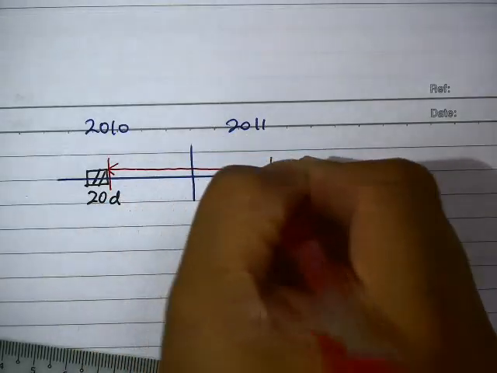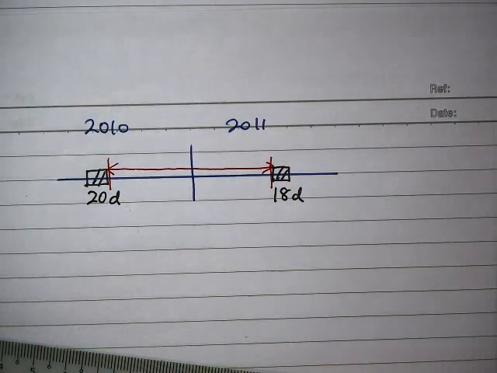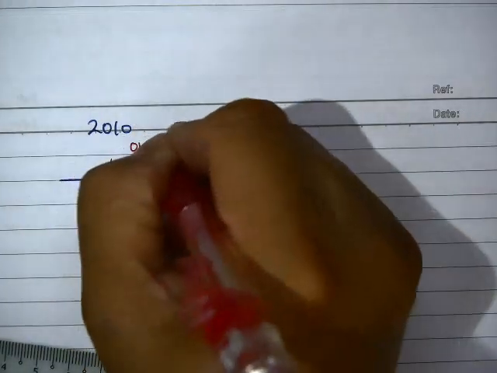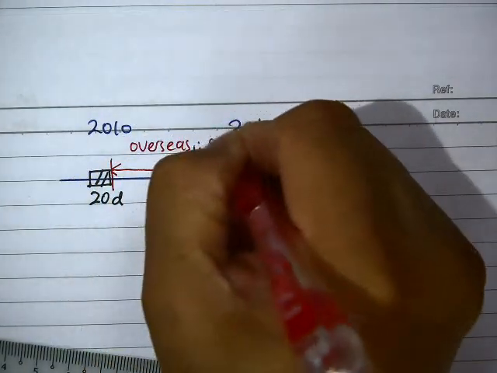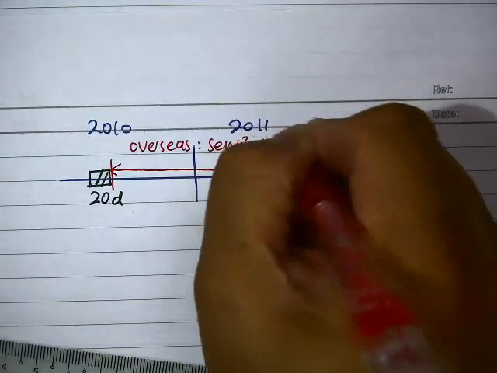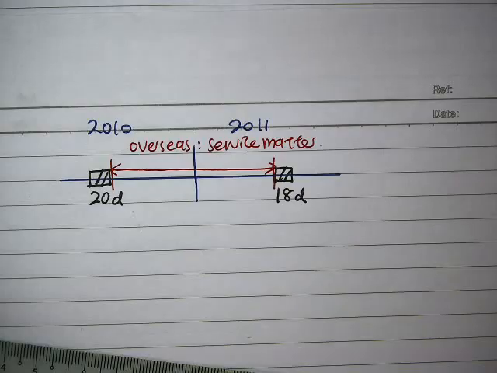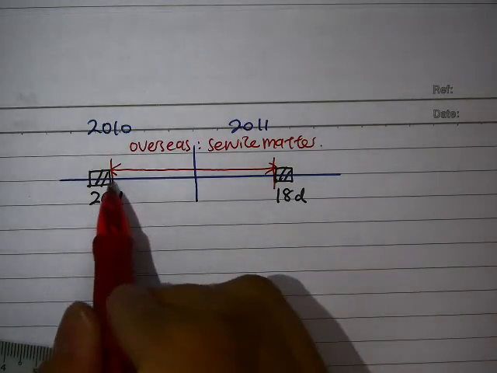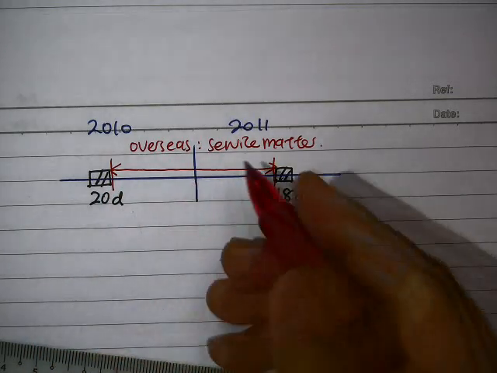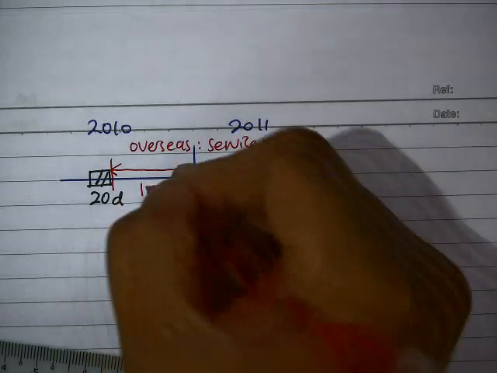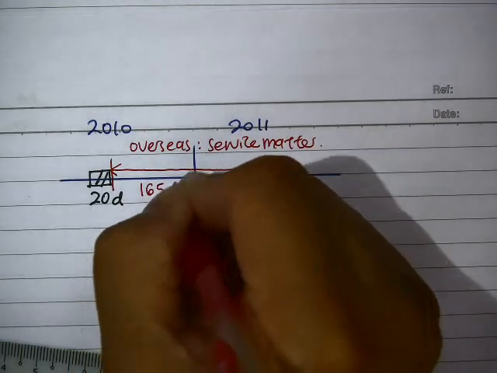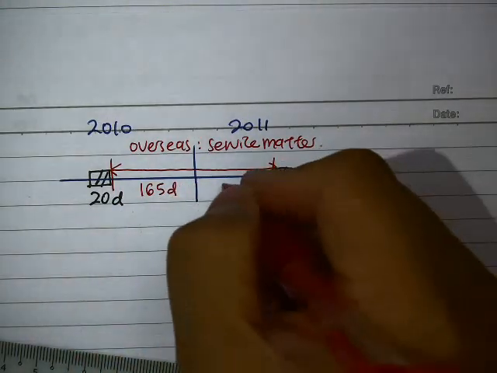Now let's assume that the entire period from here to here, you're not in the country, so you are overseas due to a service matter, which is one of the conditions of permitted temporary absence. Now from this point to this point, let's say this is 165 days and this is 170 days.